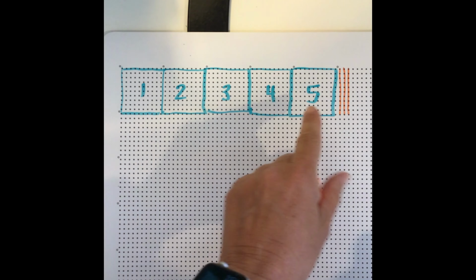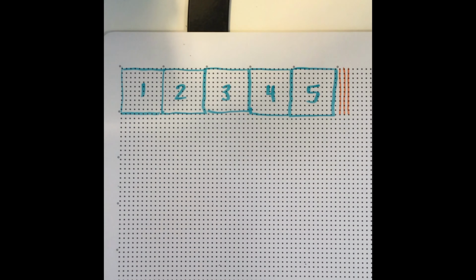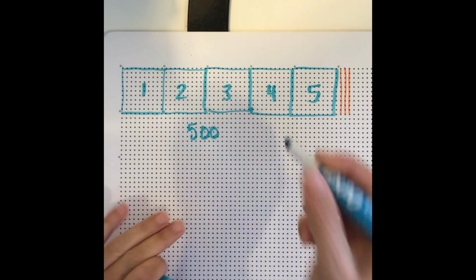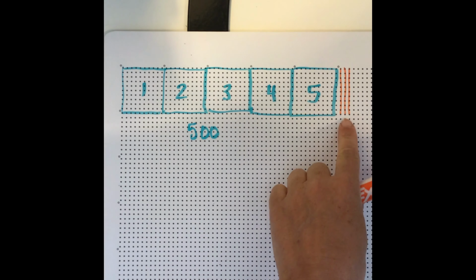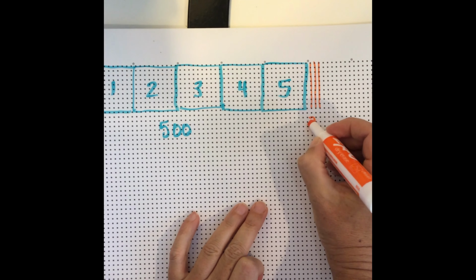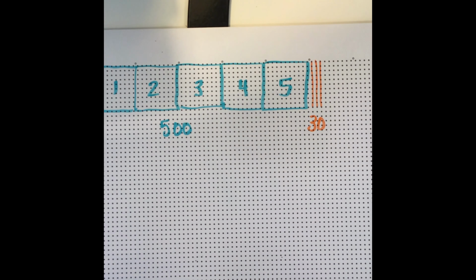So I've got 5 hundreds, right? Which we would write like this. 5 hundreds. Now we've got 3 10s, which we would write like this. 3 10s, because we've got 10, 20, 30.